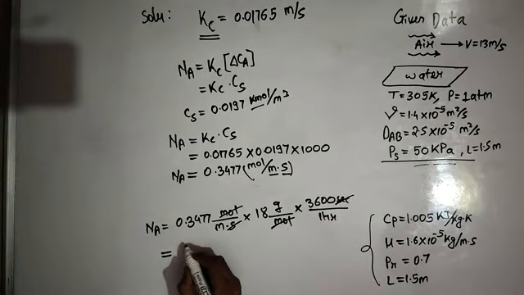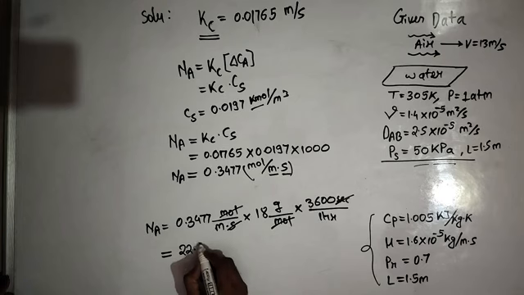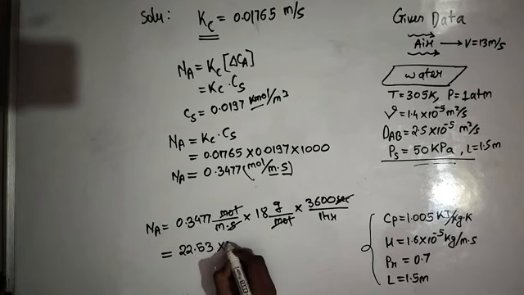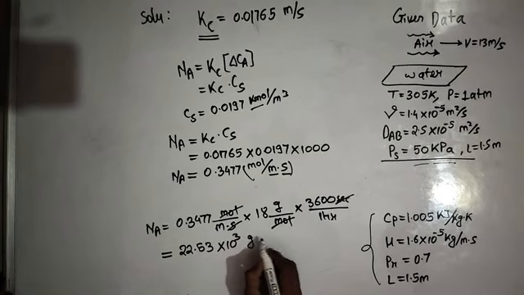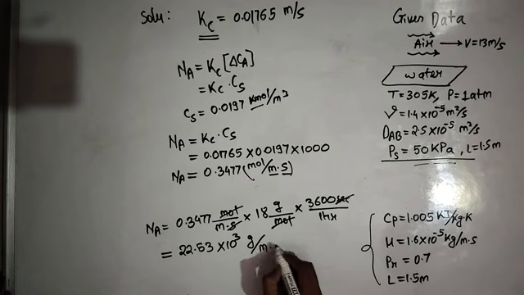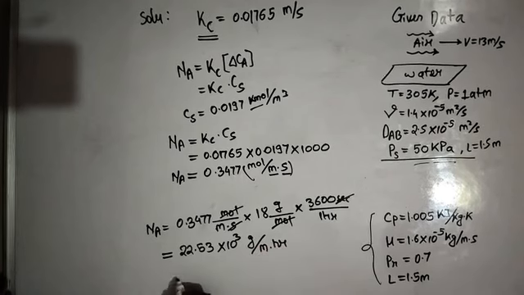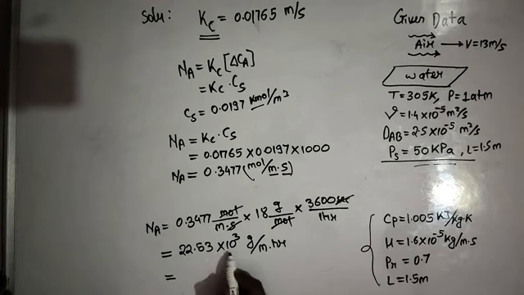After multiplying, we get the value of 22.53 into 10 raised to power 3 gram per meter hour. We can take this 10 raised to power 3 as kilogram.